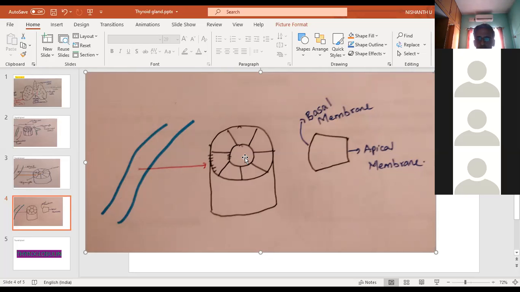So the most important raw material required for the synthesis of T3, T4 is tyrosine. That means the amino acid tyrosine will enter through this blood vessel into the follicular cells, which one? Thyrocyte. And you have to understand that not just tyrosine, other amino acids are also required.